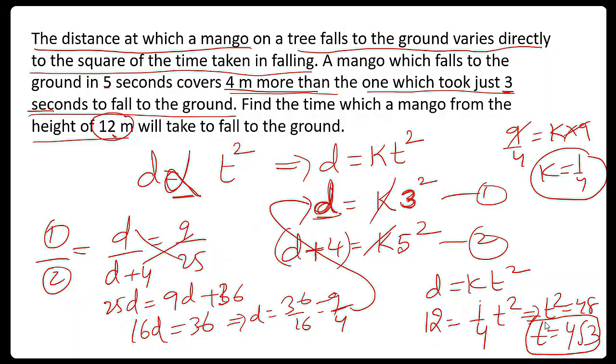What do you say? Is my solution wrong? So I got 4 root 3 seconds as the answer. I think Muhammad Bajid Baba also got 4 root 3, but the rest all got 6.